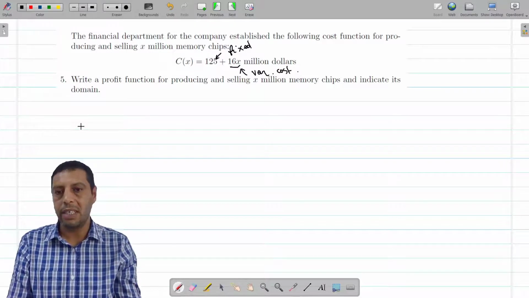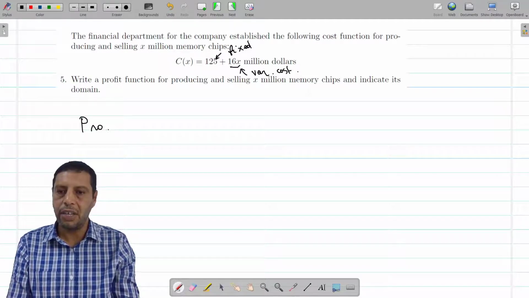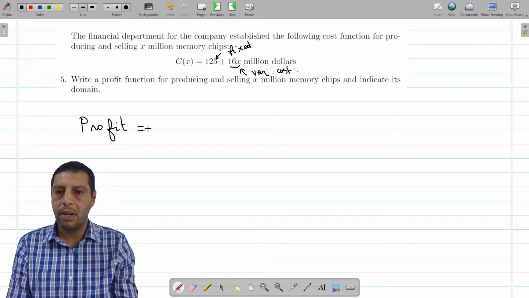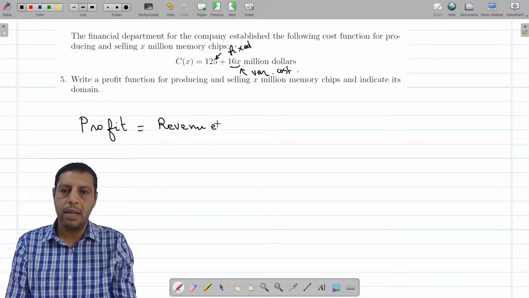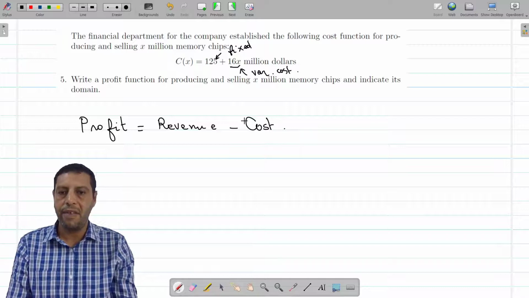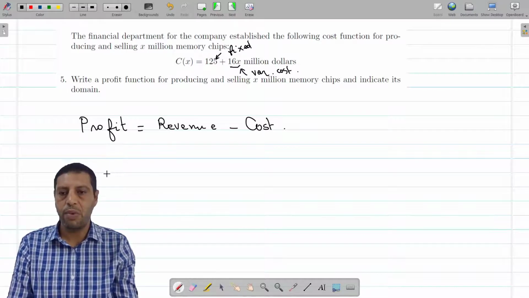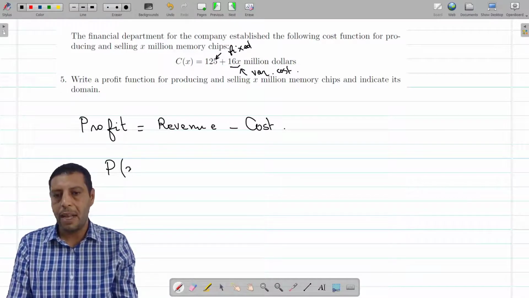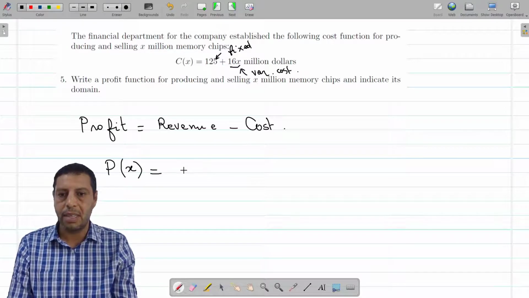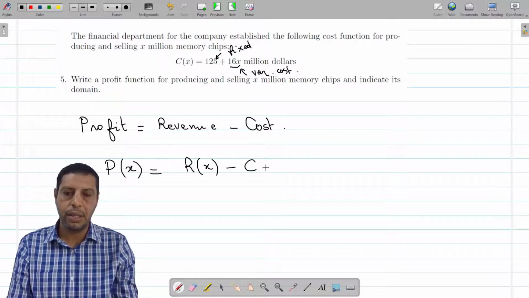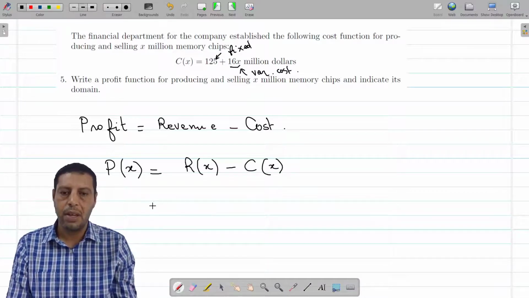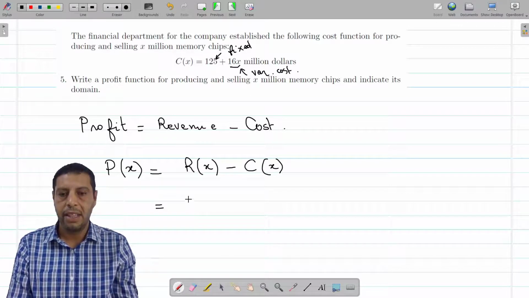Again, a quick reminder about the profit definition. So the profit is equal to the revenue minus the cost, okay? Here we have our revenue function, we have our cost function, so we can compute our profit function. Capital P of X, which represents the profit, is equal to the revenue, R of X, minus the cost, the total cost, which is C of X. Of course, we're gonna substitute the two functions here, the revenue and the cost, by their expressions.